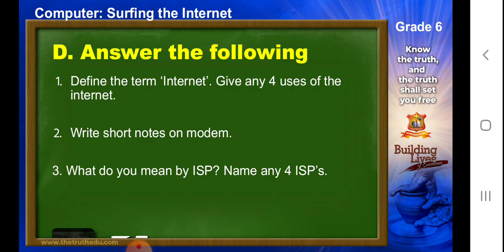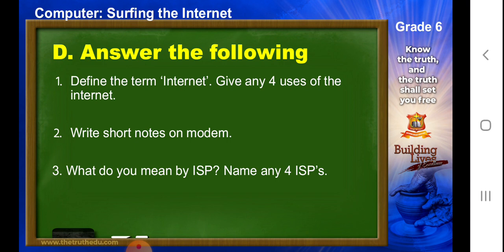Moving to answer the following questions. Total we have solved 3 questions. The first question is define the term internet. Give any 4 uses of internet. In your book it is given as 2, but I asked you to write 4 uses of internet. So for the internet, you can mention an international network.